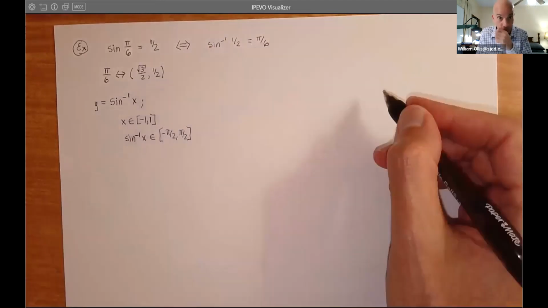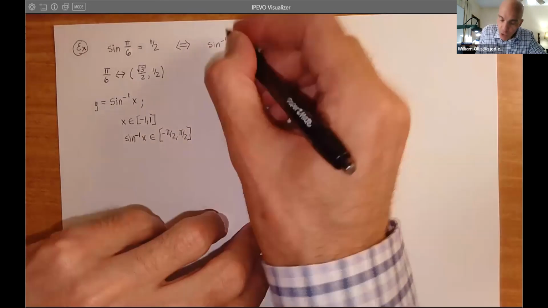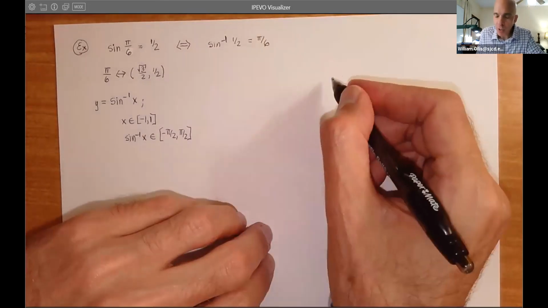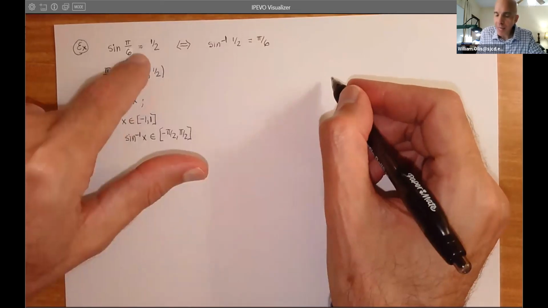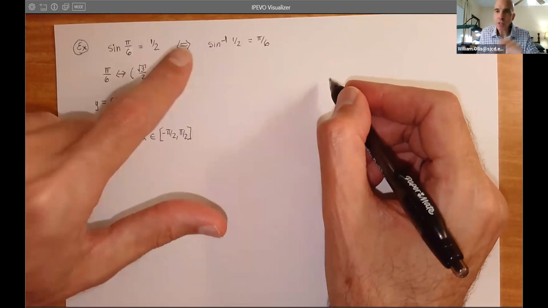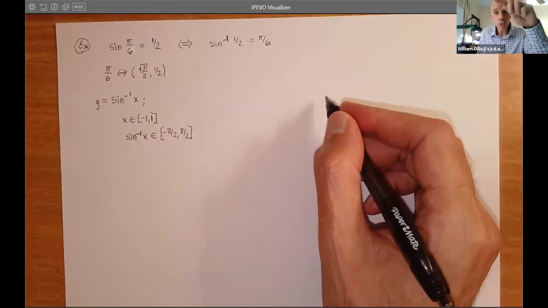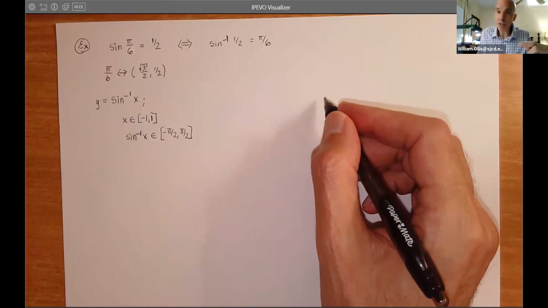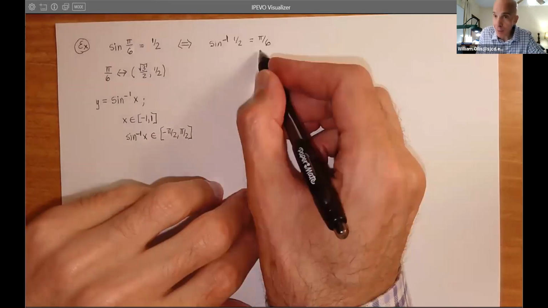And so you might be thinking, okay, well, Professor Ron, what if the problem just started like this? It said, what's the inverse sine of 1/2? Well, then you can apply sine to both sides and think of the unit circle. So basically what we're doing is, instead of starting with the measurement along the unit circle and heading to the terminal point, we're starting at the terminal point and going back to the measurement along the unit circle. So we see that this is the reverse path.